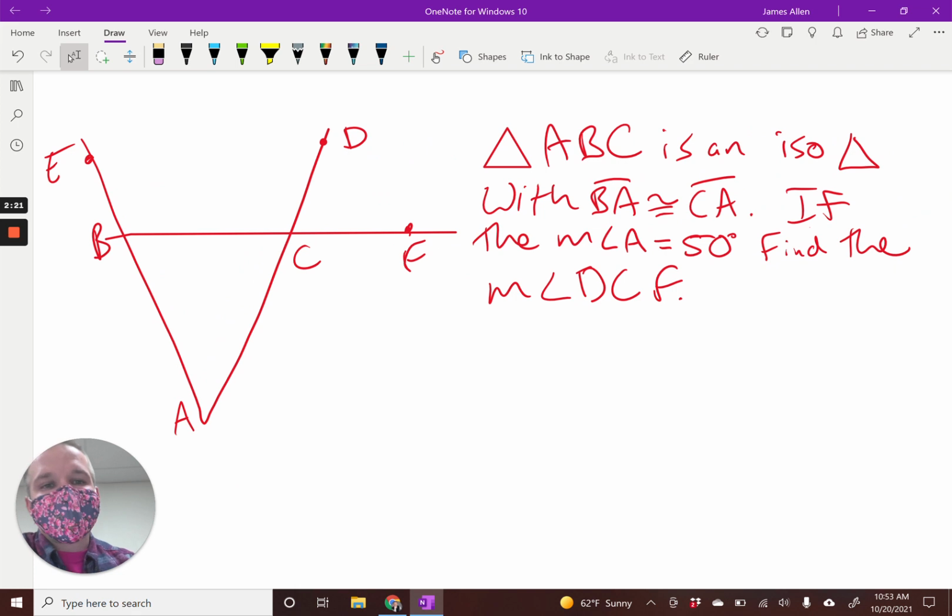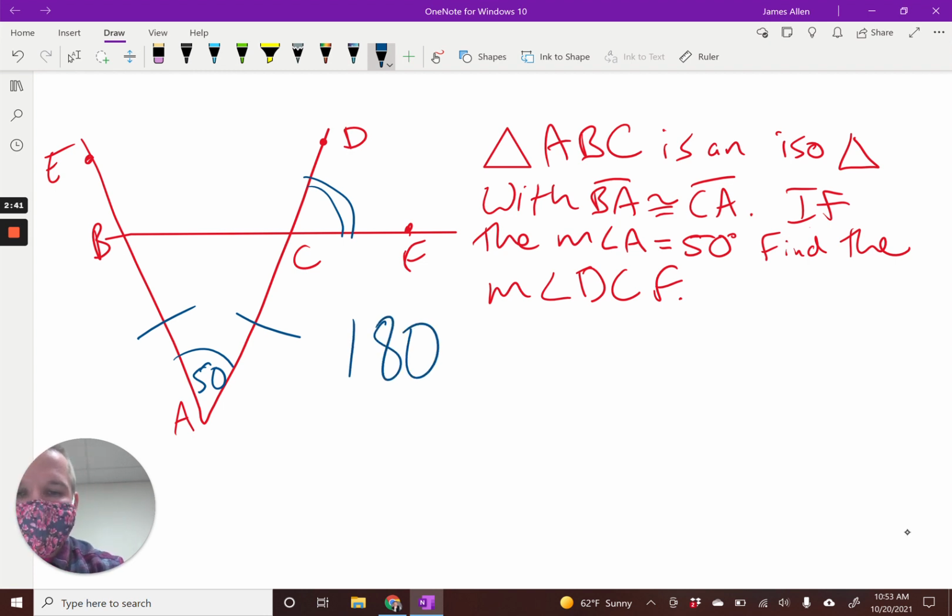Here it says triangle ABC is an isosceles triangle with BA congruent to CA. The measure of angle A is 50 degrees. Find the measure of angle DCF, so this angle right here. Well, it's an isosceles triangle, and I know that all angles will add to 180.